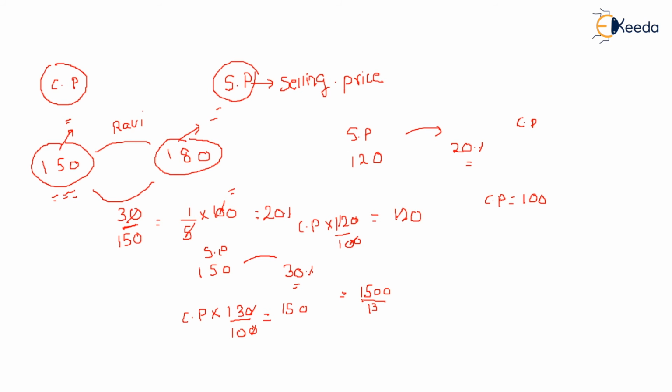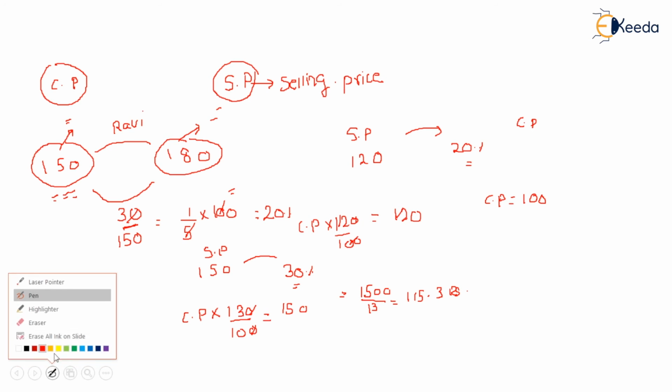Okay, so this is a very simple concept that you need to apply. No need to go for heavy calculations and other parts. Just a simple concept to solve all these questions, and this chapter will be easy or a cakewalk for you people. So the price that comes out to be 115.3 rupees. Okay, so this is the cost price. Suppose one more thing I would like to explain.